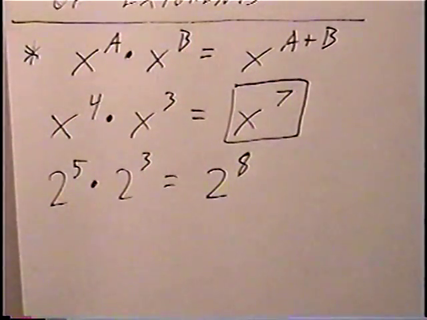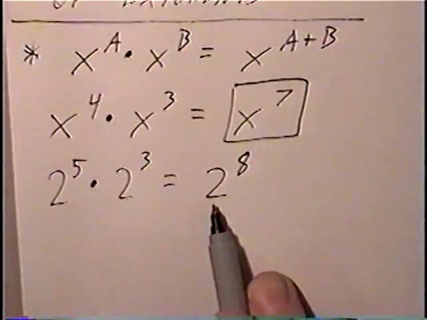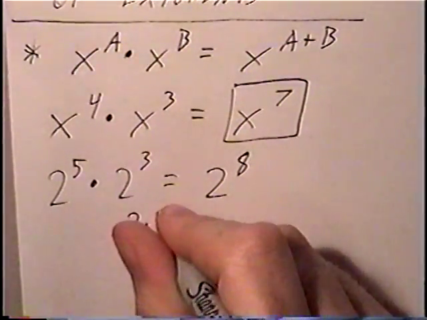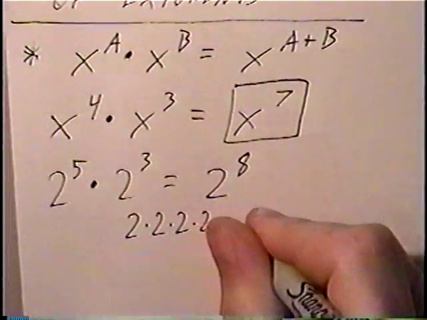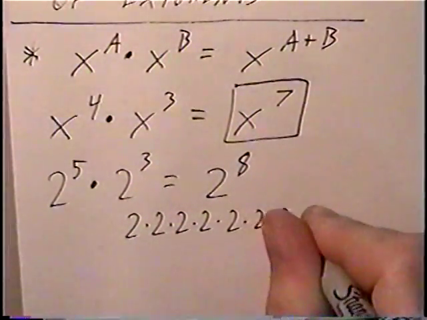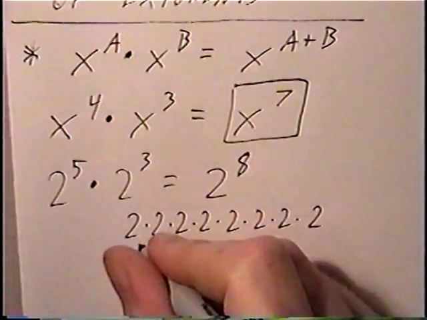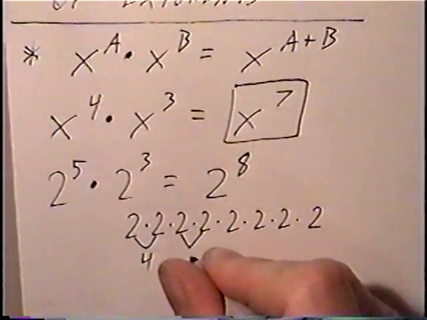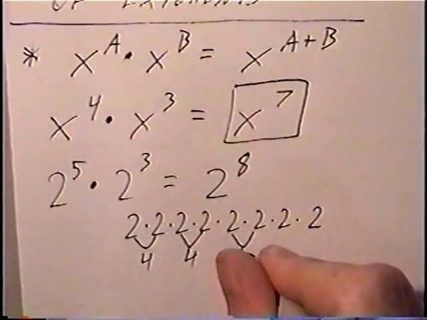If you have 2 to the 8th power, we can actually simplify that. This would be 2 times itself 8 times. Multiplying, 2 times 2 would be 4. And we can multiply each set of 2's, so we get 4's.